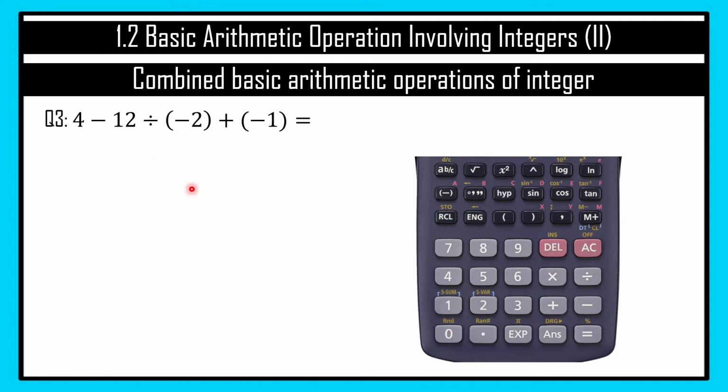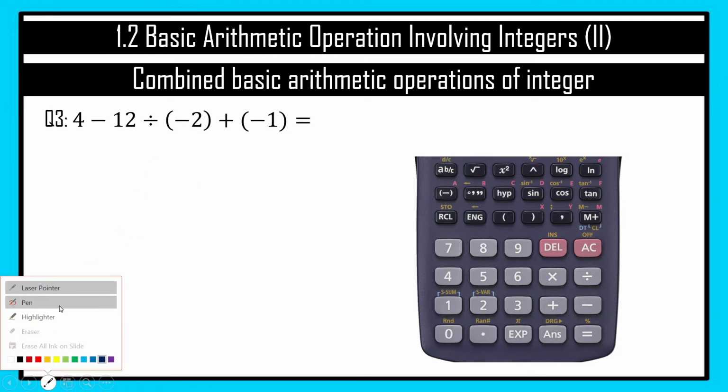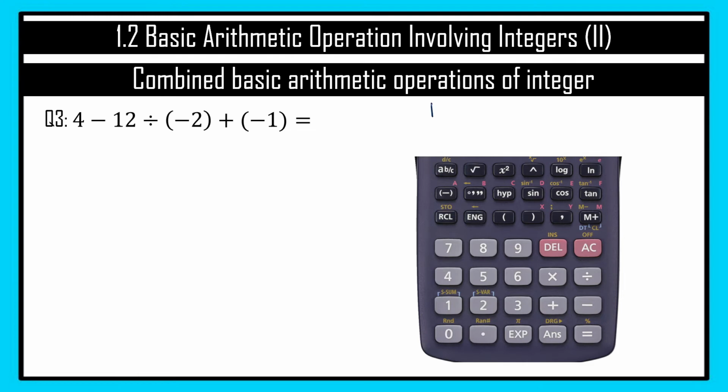Right. Let's go back to our BODMAS. Even if this question has brackets, this bracket is for a negative number, so we don't have any B. We are going to skip over.